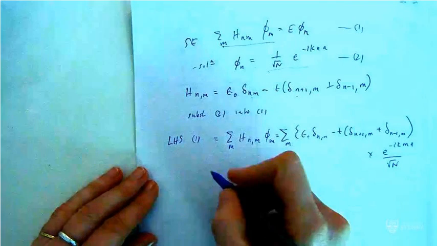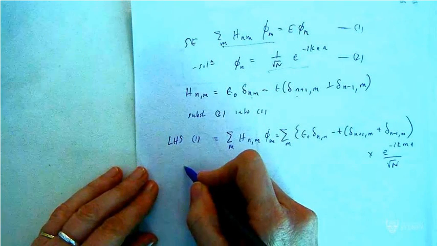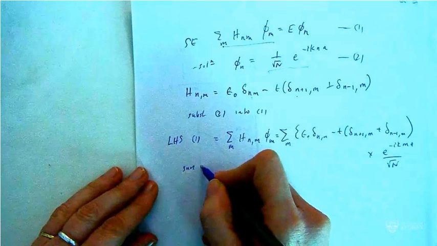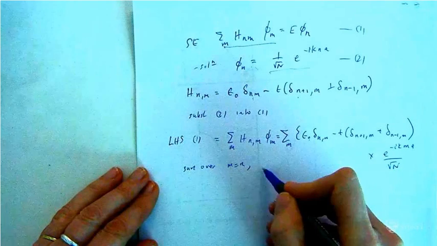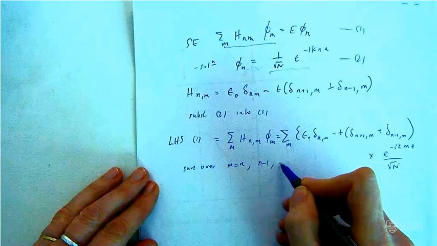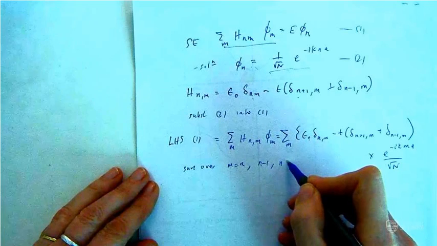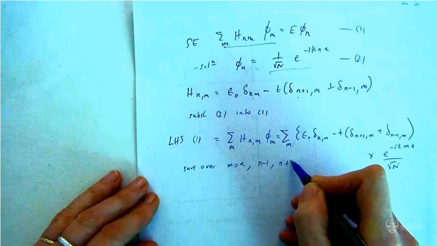But we're going to sum over m equals n, m equals n minus 1, and m equals n plus 1 only.